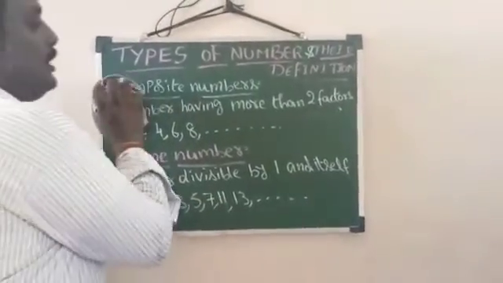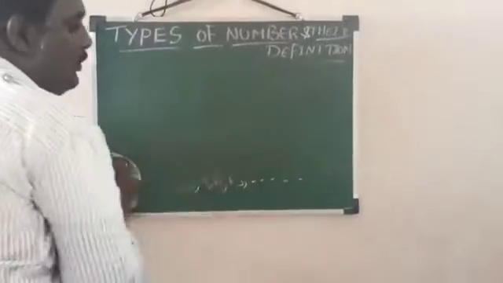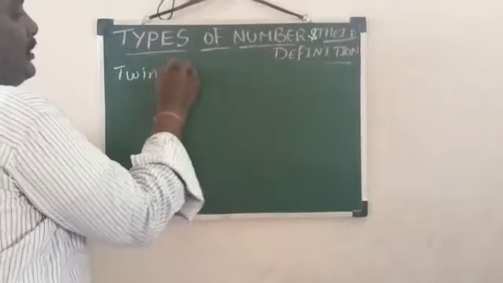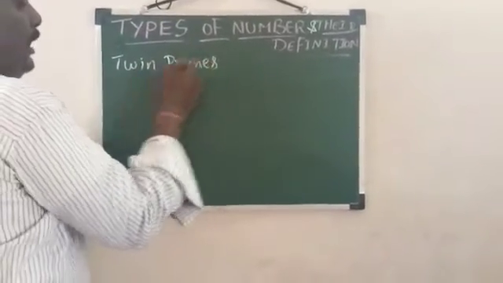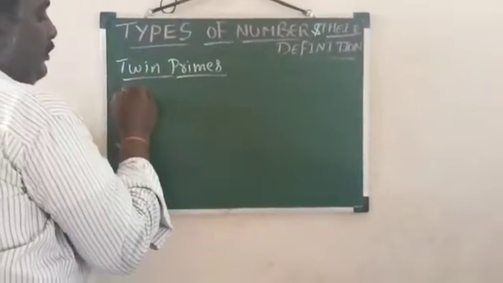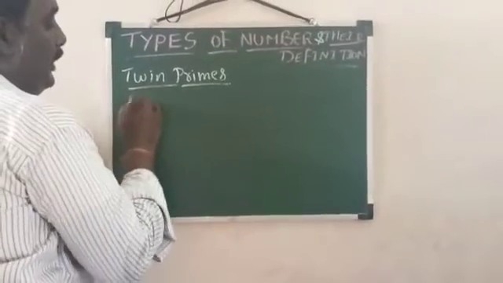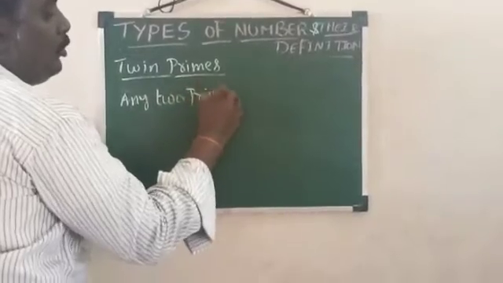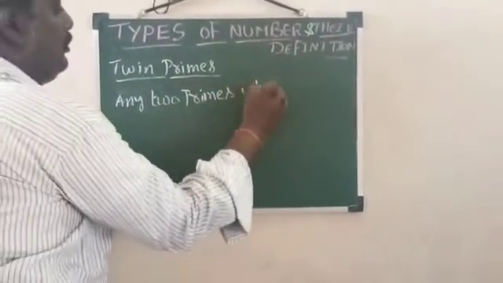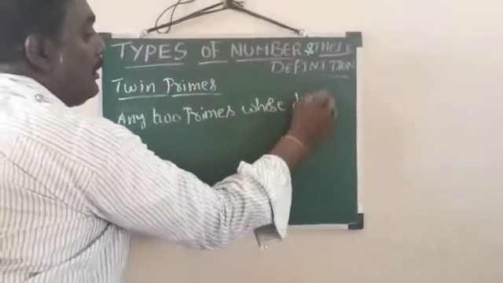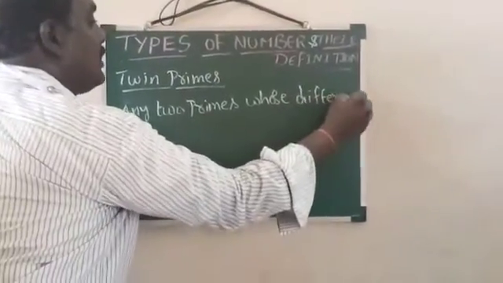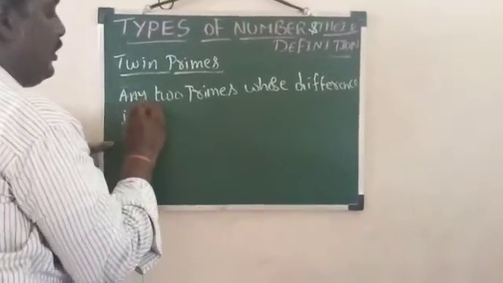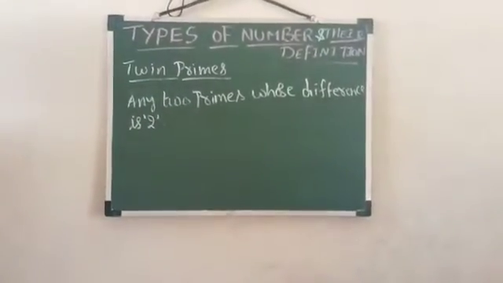The last one is twin primes. Any two primes whose difference is 2 are twin primes.